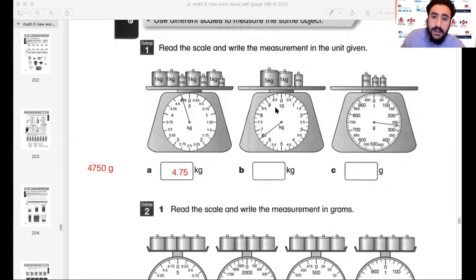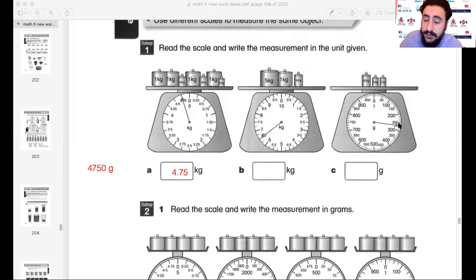According to this one, it's obviously 5 and 1, 6, and 6 and 500 grams, so it's going to be 6.5, and the arrow here is on 6.5. So we're going to write here 6.5. About this one, 200 gram, 50 gram, 20 grams, so it's going to be 250, and 20, 270.